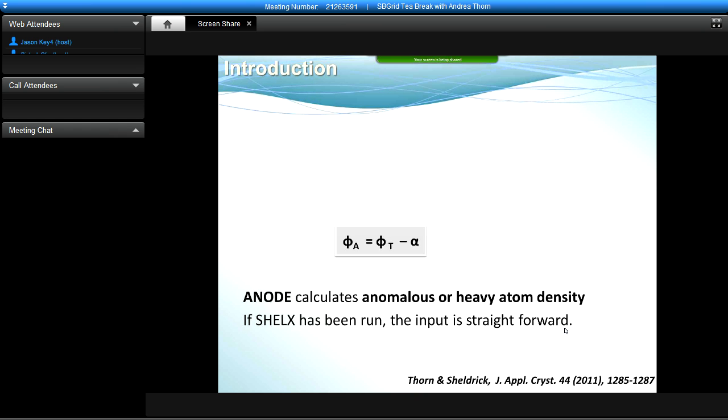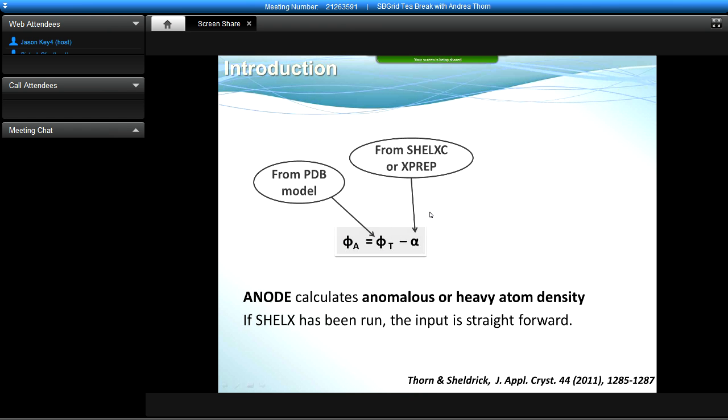So we had this equation in the very beginning, but now we've turned it around. Given that we already have a PDB model, a partly refined structure, for example, or a final structure, we can get phi total. We have the alpha angle because SHELXC estimated it for us in the beginning of the phasing.